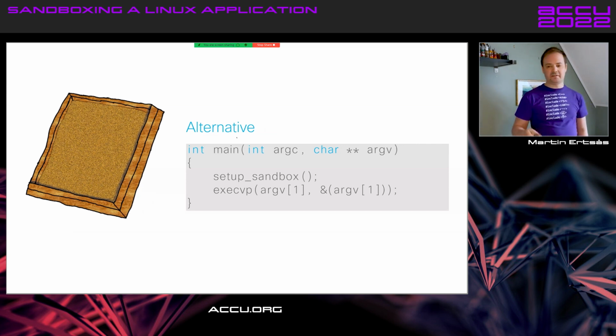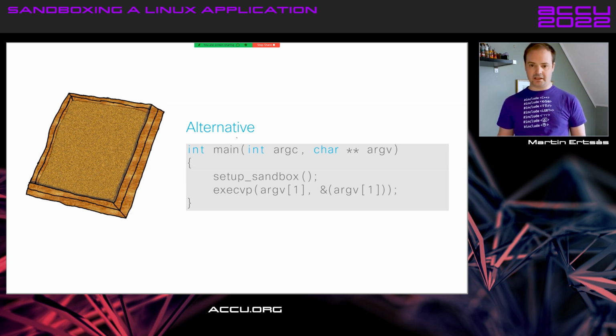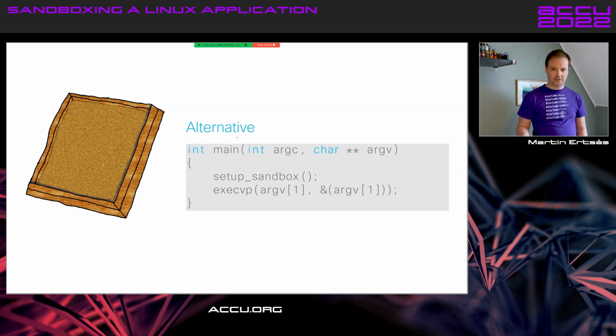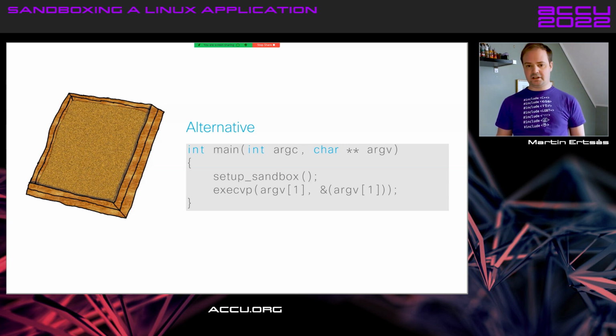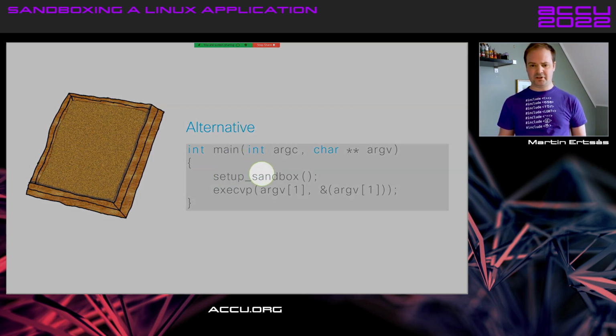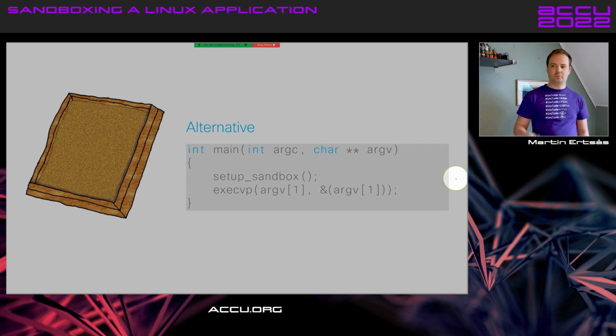Because there are many ways of actually making a sandbox. This is the first one. You start by basically having some code that sets up a sandbox. And when the sandbox is set up, you exec whatever your second argument is, which is then the application.